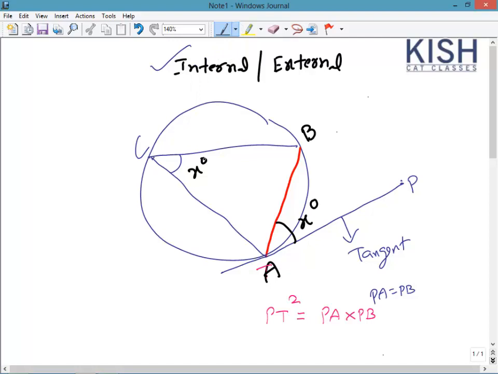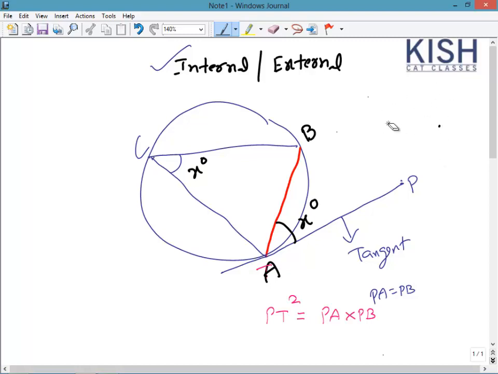So the angle made by the chord and tangent is x degrees, which is exactly equal to the angle made by the straight lines started from both ends of the chord and meeting on the circumference. This is called the alternate segment theorem.